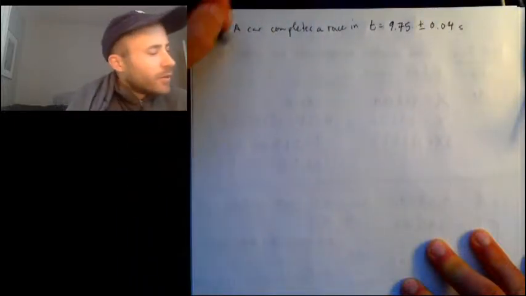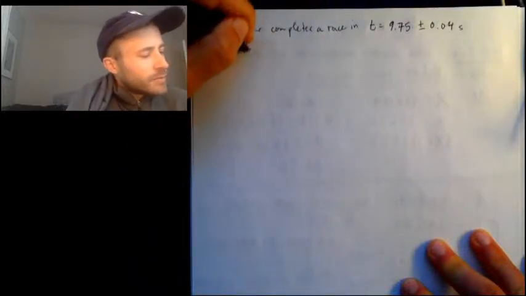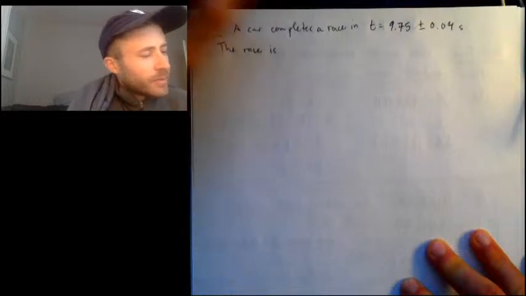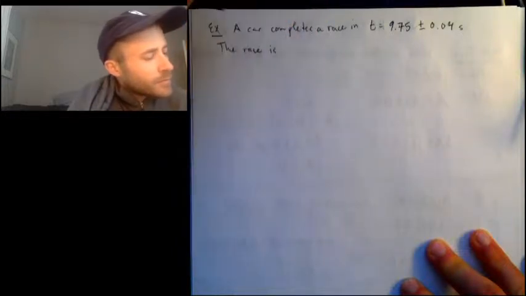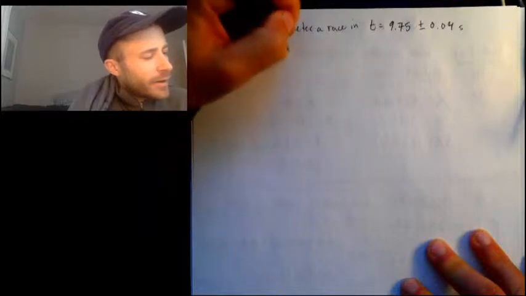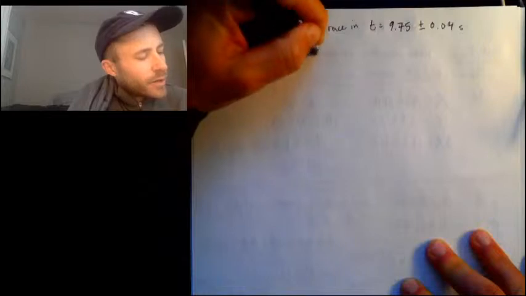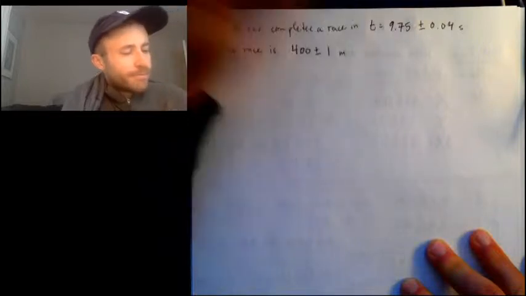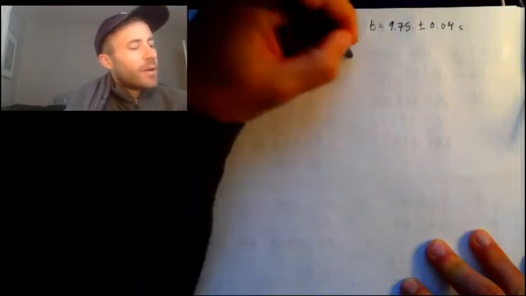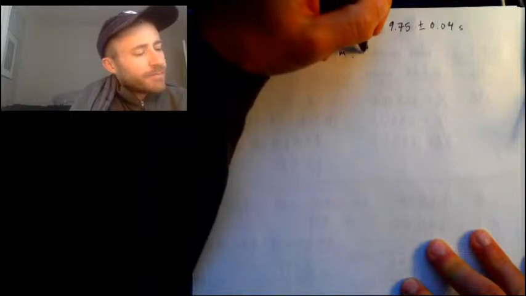The race is, let's say, 400 plus or minus 1 meter. What was the average velocity?